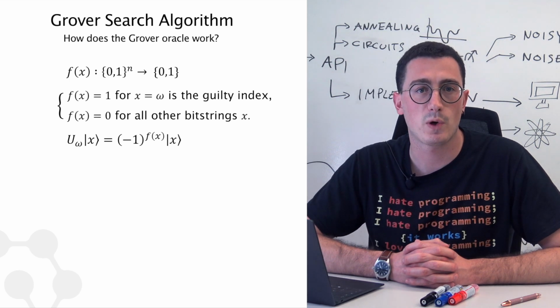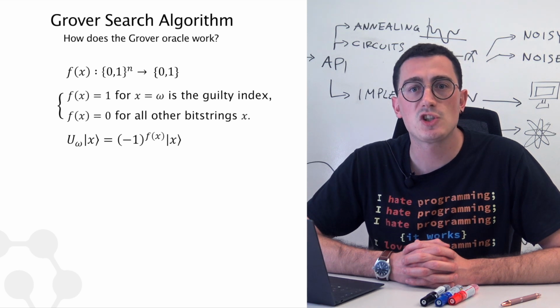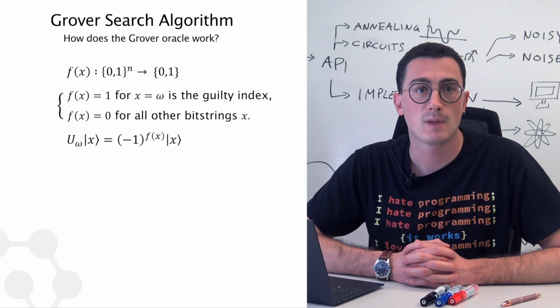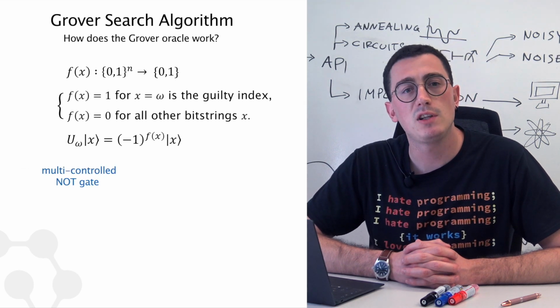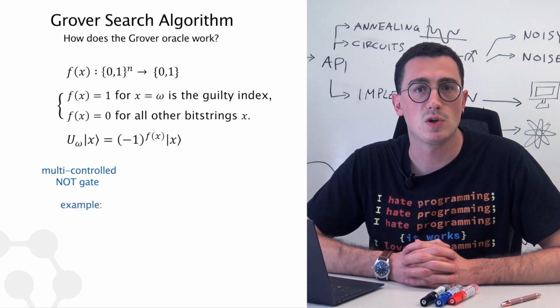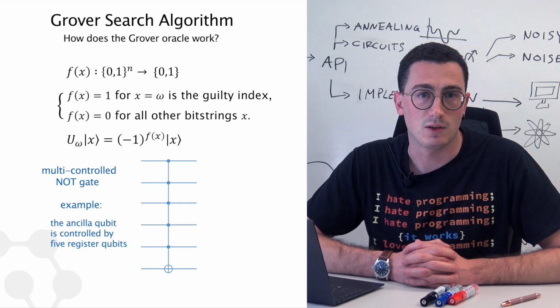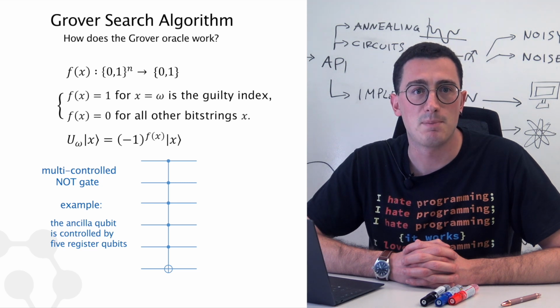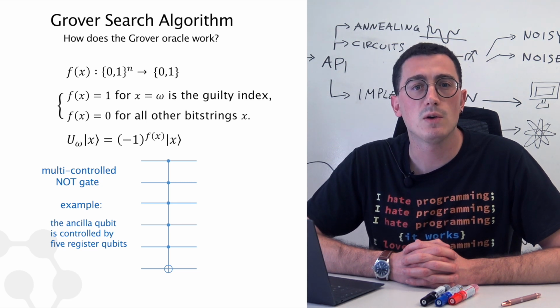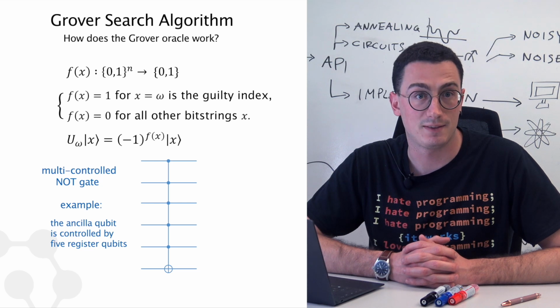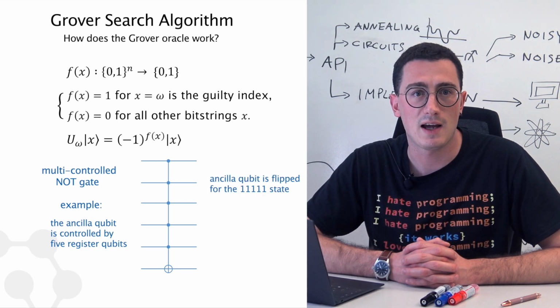Now, speaking more Qibo friendly, which can be a good way to implement such an operator? The solution is to use a multi-control gate. A multi-control gate is a gate which is controlled by many qubits. If we use all the input register to control a single gate applied on the ancilla, we know that this gate will produce an effect on the system only in the case in which all the qubits are simultaneously in the state 1.